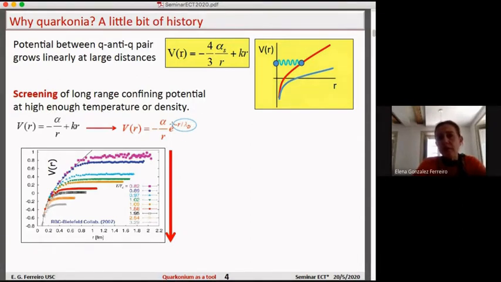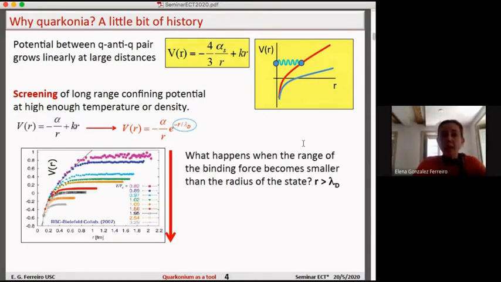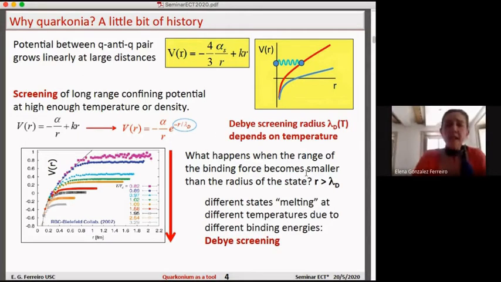Those parameters here correspond to the radius of the state divided by lambda D. Lambda D is the Debye screening radius, which depends on temperature. So if the radius of the state becomes larger than this lambda D, you will have different states that will melt at different temperatures due to different binding energies.